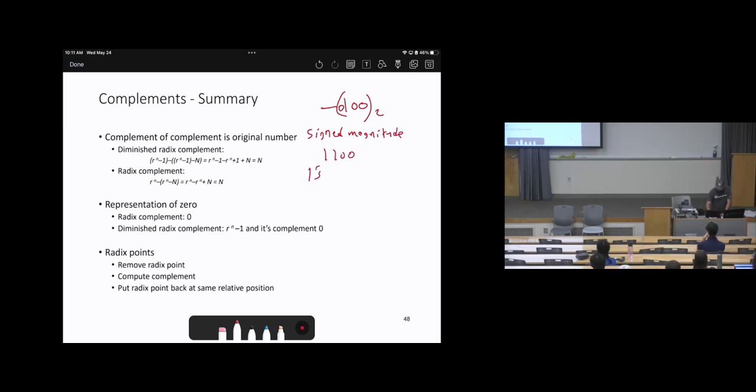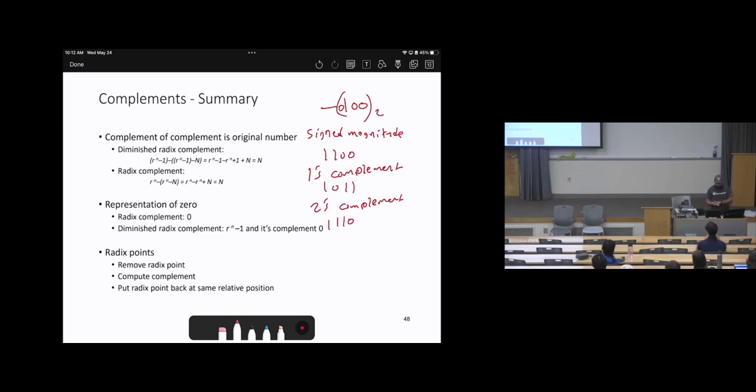Using the 1's complement, I can represent it by flipping, so it will be 1, 0, 1, 1. Using the 2's complement, add 1 to the 1's complement, so it will be 1, 1, 0, 0. Okay? Does this make sense?